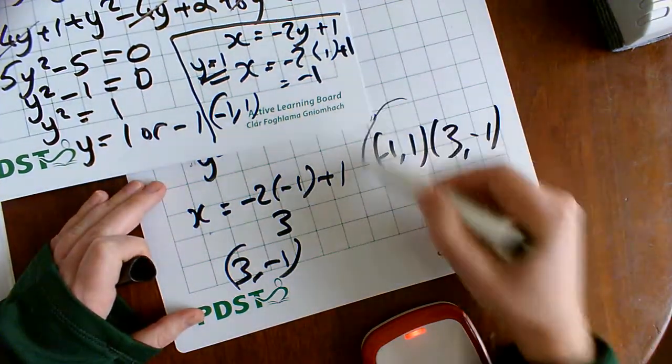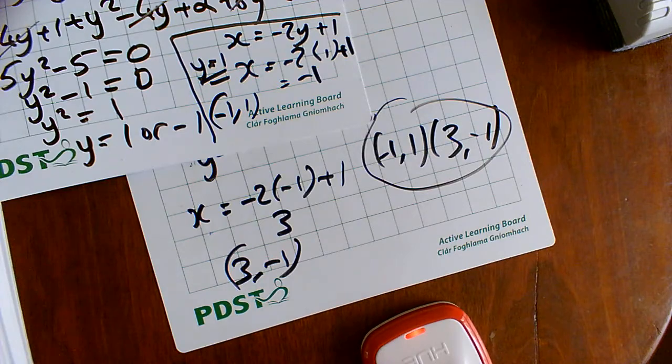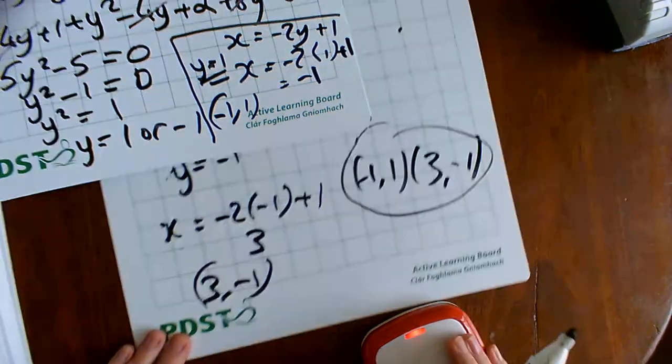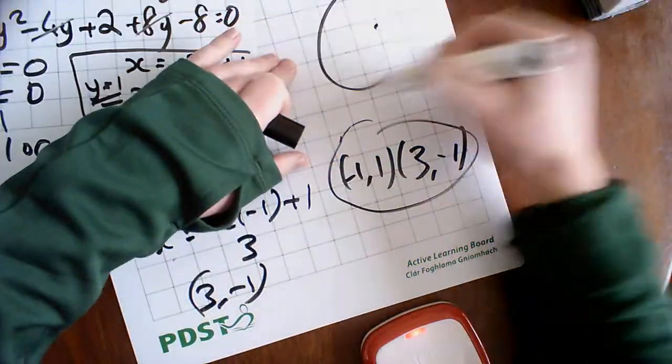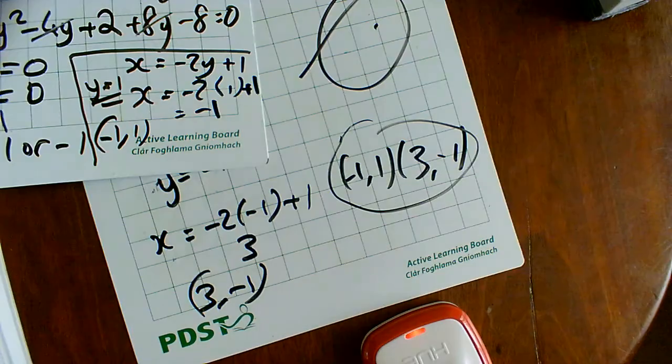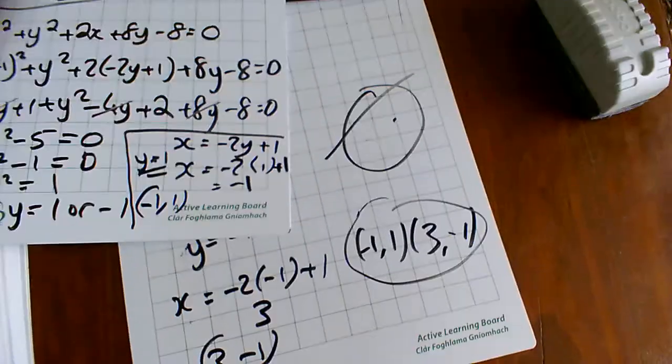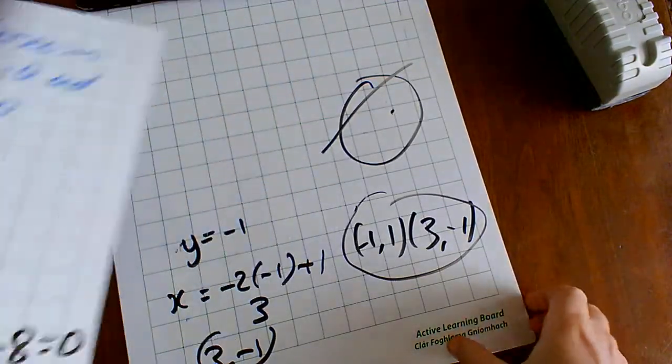So they're the 2 points of intersection. So that obviously is a circle that looks something like that. It's got 2 points of intersection. Alright, I'm going to do one more example. It's the same, but you'll see it gets a slightly different answer.